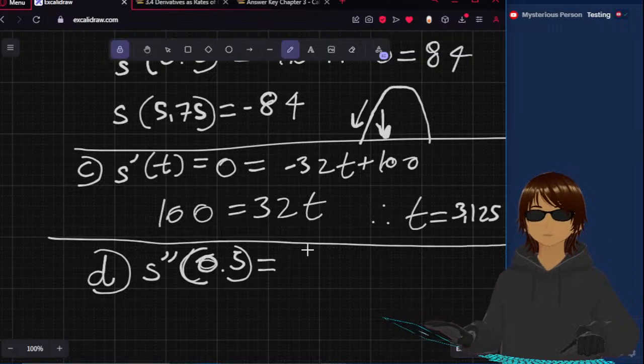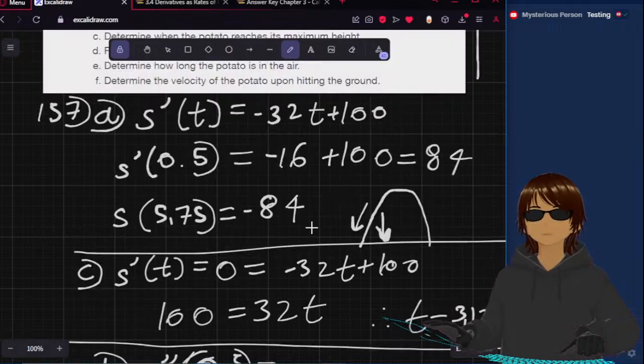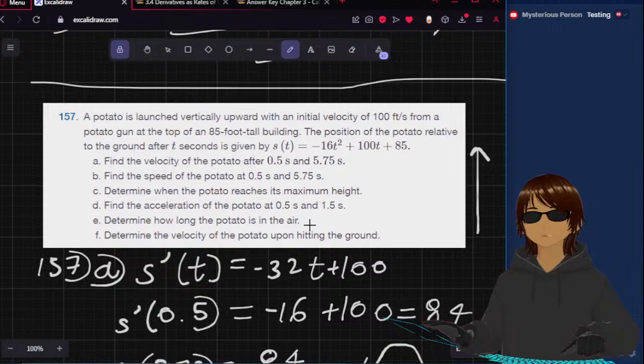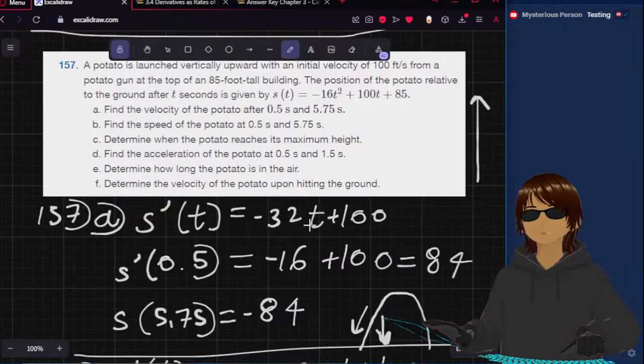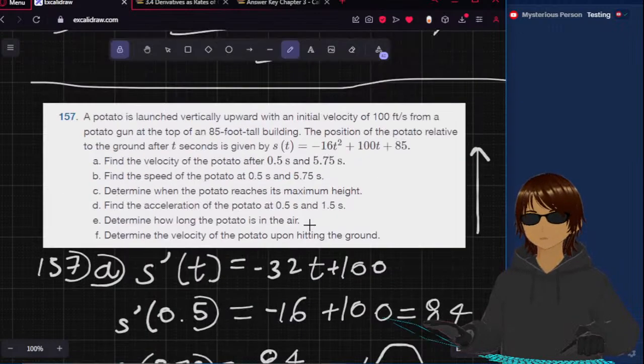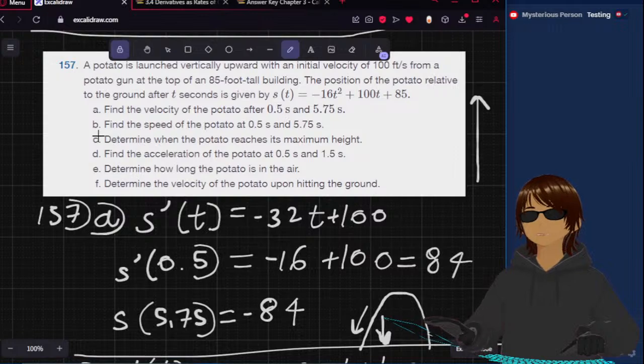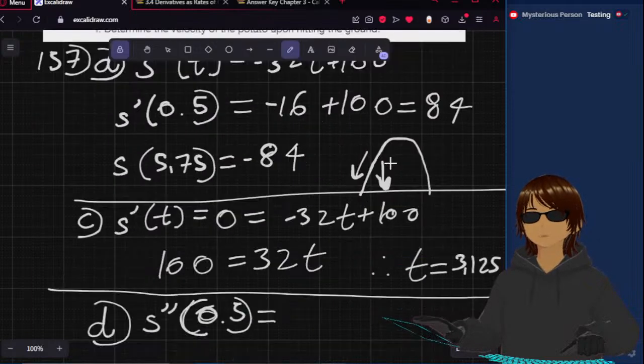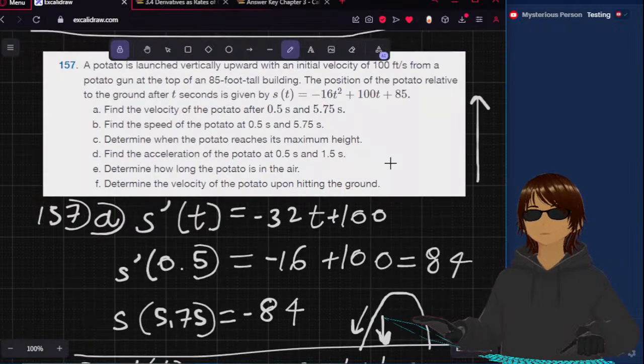So the acceleration is it a minus 32? It should be, acceleration should be constant. Determine how long the potato is in the air.